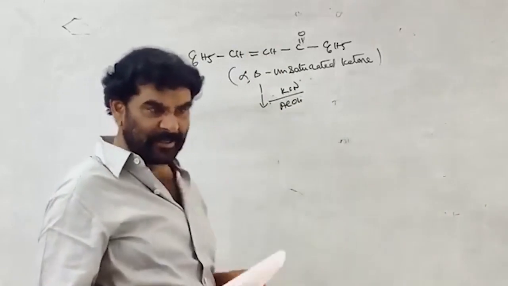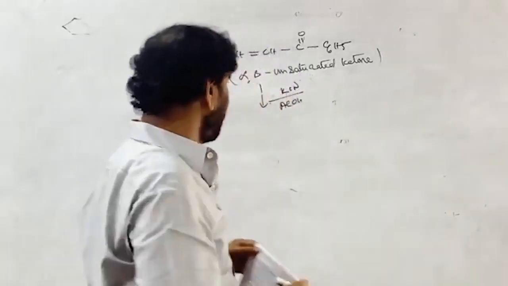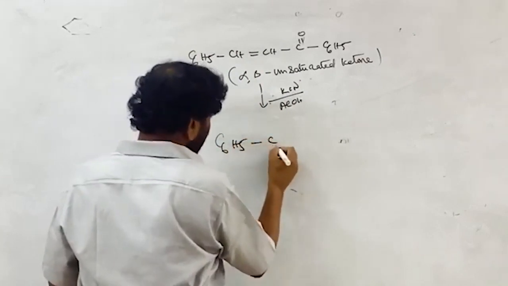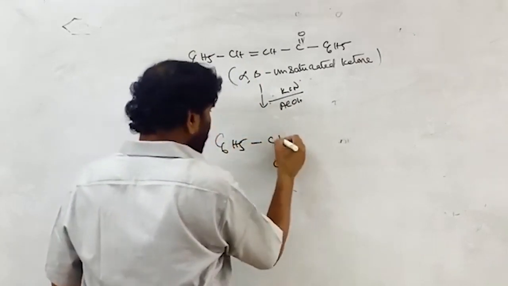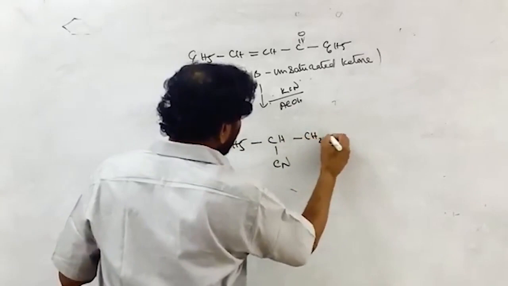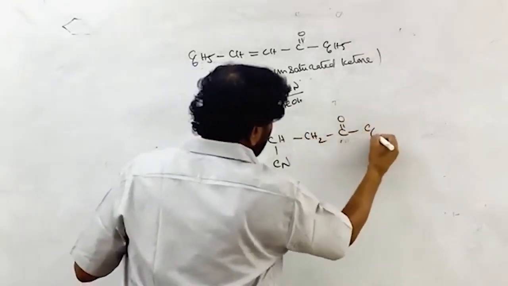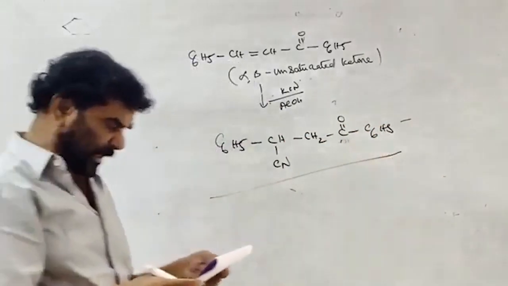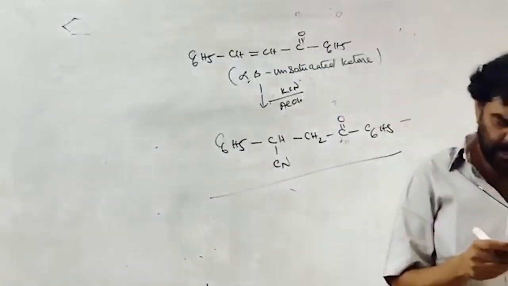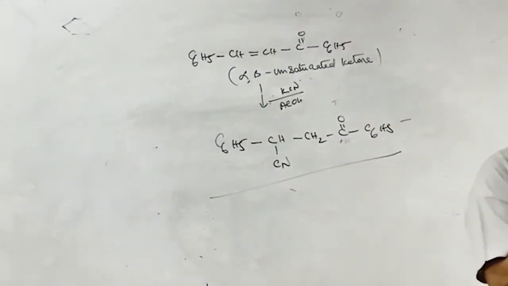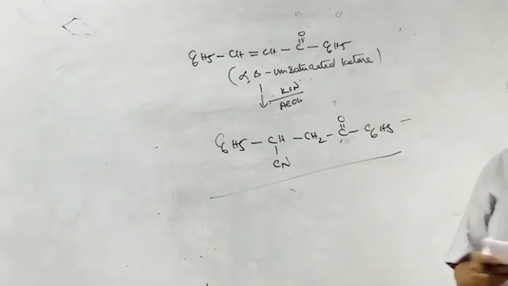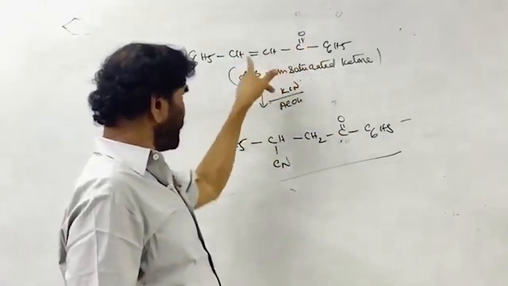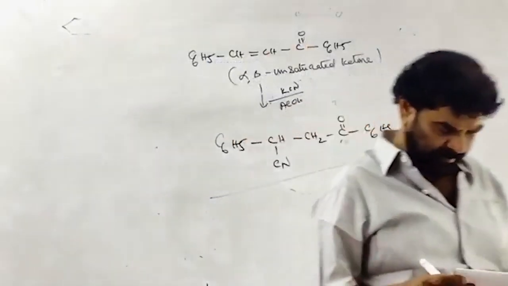To say Michael addition, the nucleophile should be a carbanion. The product of the reaction should be C6H5 CH(CN) CH2 C(=O) C6H5. So check the option. Your C is the correct option. So this is not affected. This is the conjugate addition, 1,4 addition.